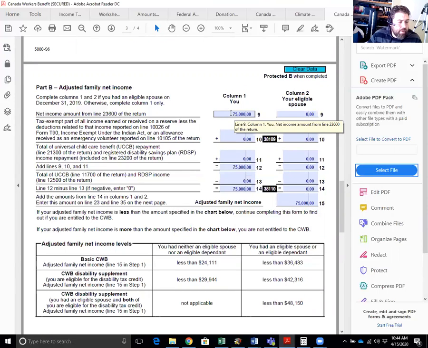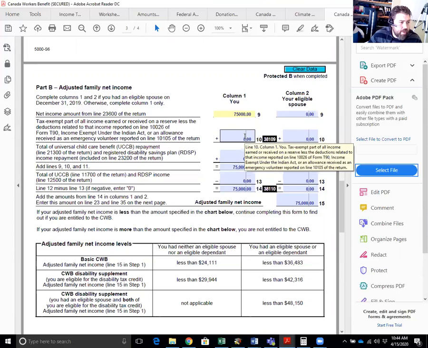Adjusted family net income. We have to calculate our adjusted family net income. We're going to start with our net income of 75,000. Then we add tax exempt part of all income earned or received on a reserve, less the deductions related to that income. We don't have any of that. Total universal child care benefit repayment, we don't have that.